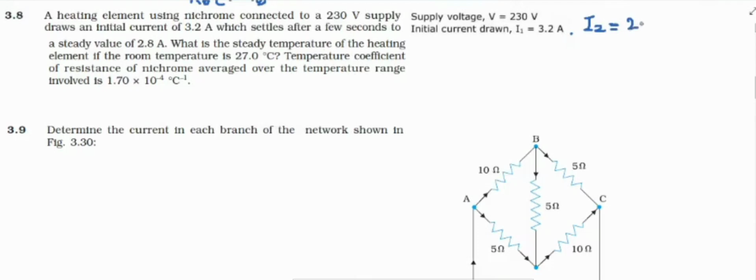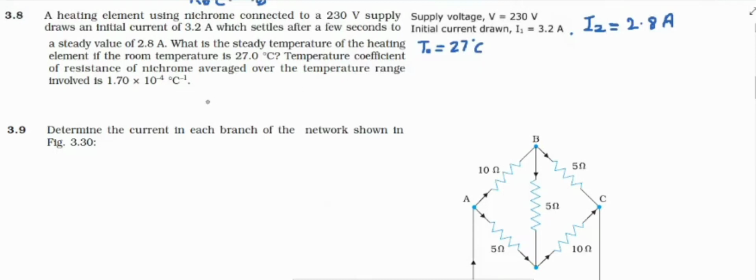When the temperature increases, for an ordinary conductor, its resistivity increases, so naturally current decreases. What is the steady temperature of the heating element, if the room temperature is 27 degrees Celsius, which you can take as T naught? T naught is equal to 27 degrees Celsius.